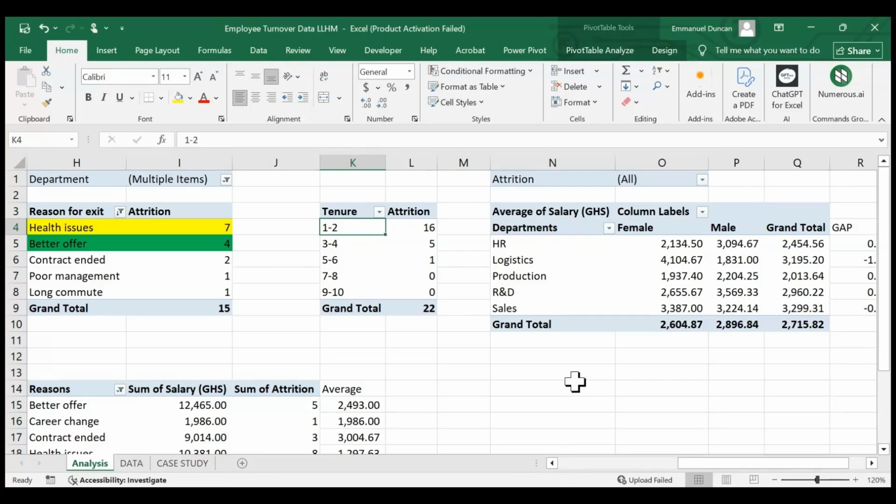I would recommend for the company, as an analyst who has an HR background, to make sure that these employees are placed on a well-structured onboarding support.